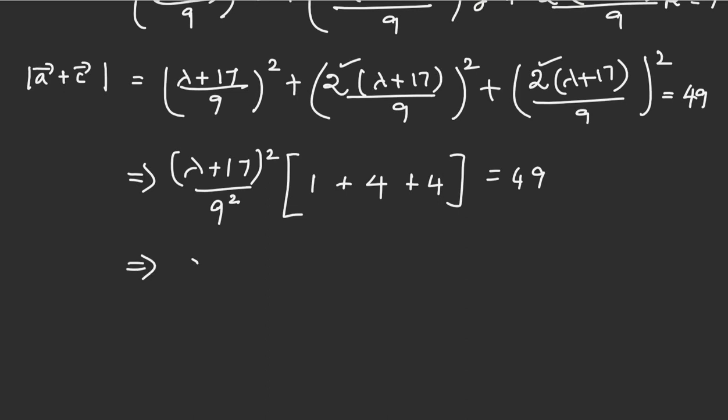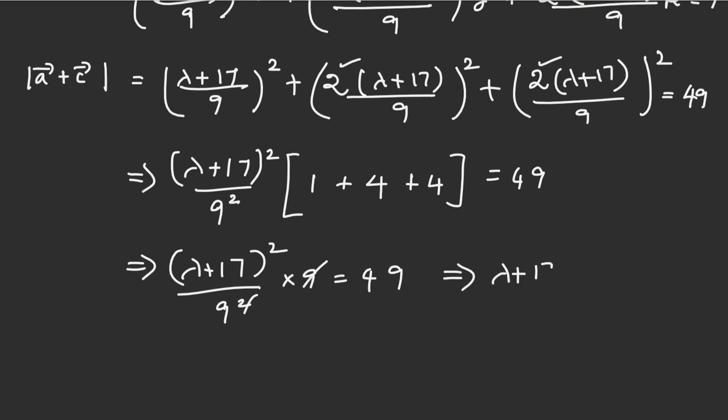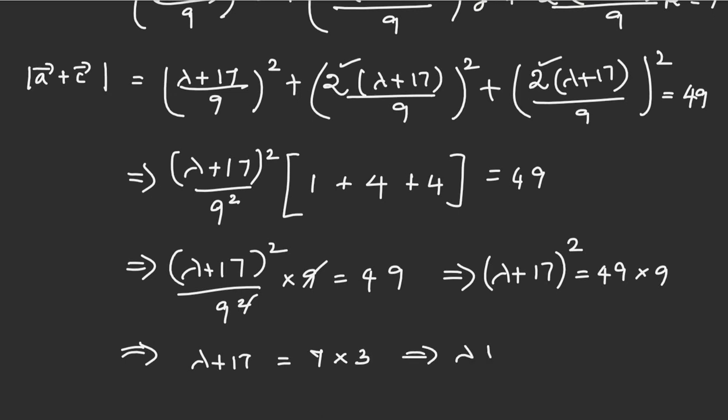Now this implies lambda plus 17 whole square divided by 9 square into 9 is equal to 49, or lambda plus 17 whole square is equal to 49 into 9. Taking square root, lambda plus 17 is equal to root of 49 is 7, root of 9 is 3, which implies lambda plus 17 is equal to 21, which implies lambda is equal to 4. So we got the value for lambda.